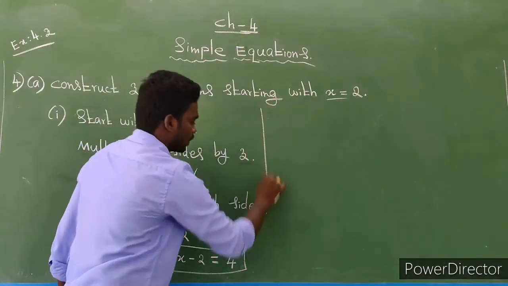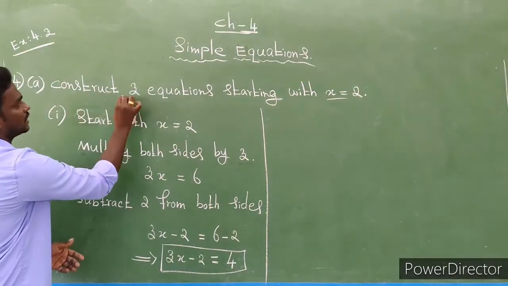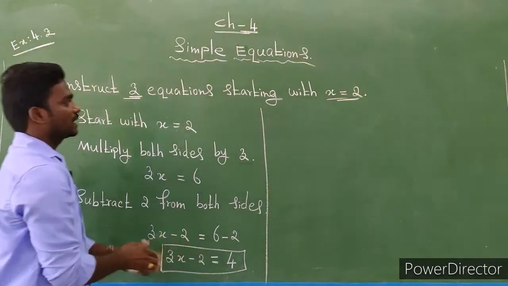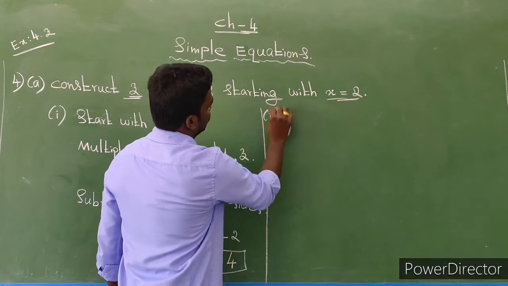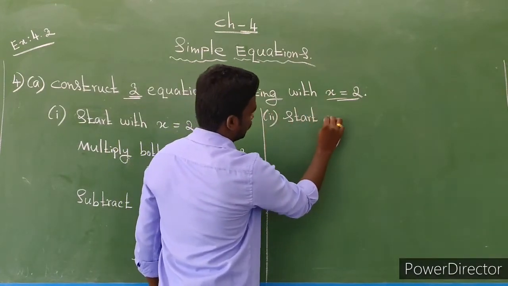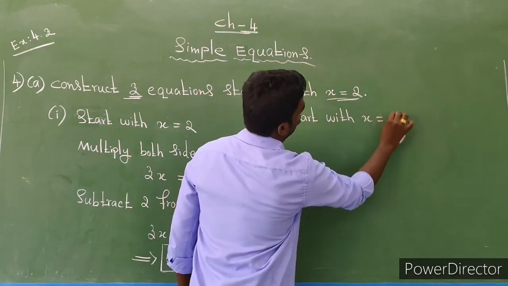In this same way we can find another two equations, because we construct three equations starting with x is equal to 2. For the second one, start with x is equal to 2.